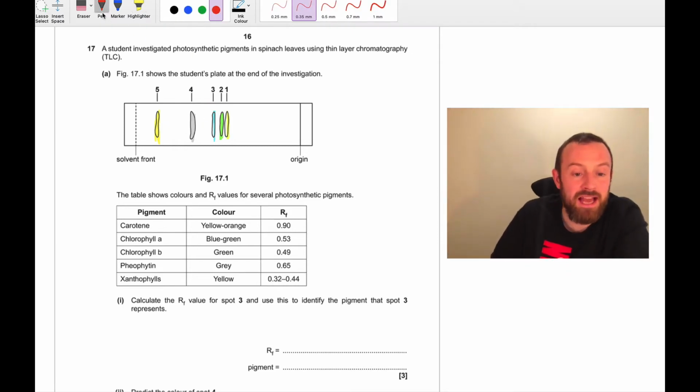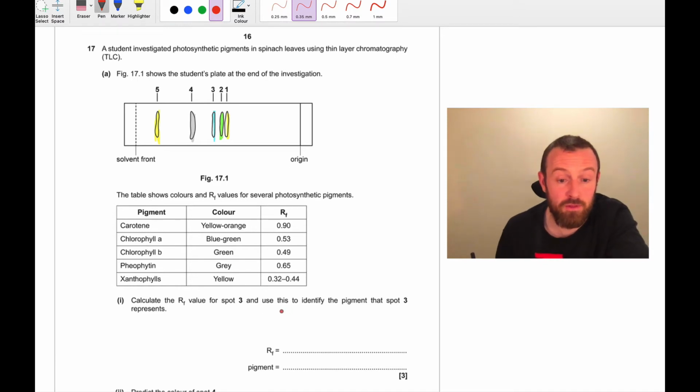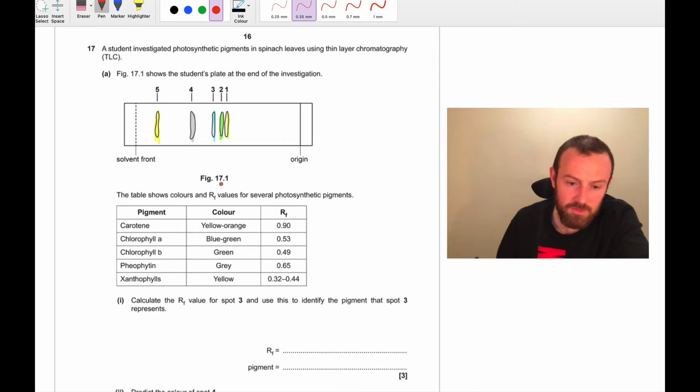Okay, so then it says calculate the RF value for spot 3 and use this to identify. Well, I kind of just worked it out by the order, but you can actually calculate. You can measure this distance here with your ruler, and let's call that the distance S for the spot. I probably should have called it something different.